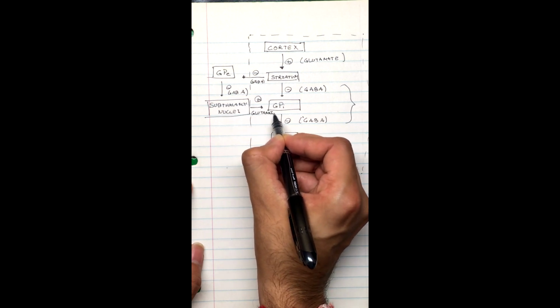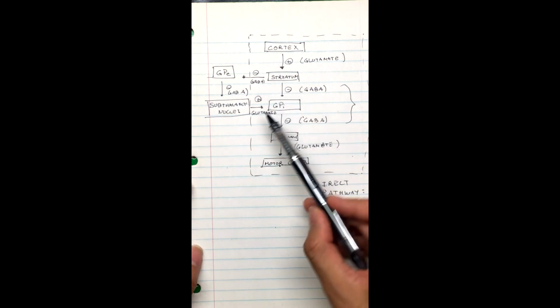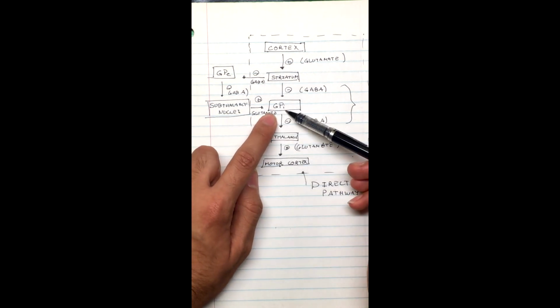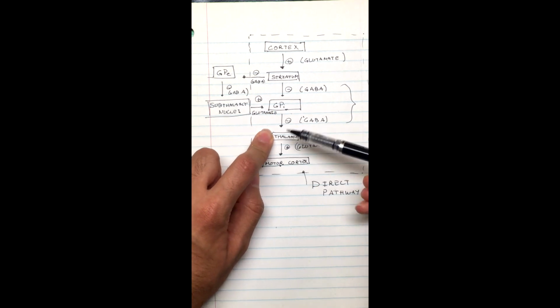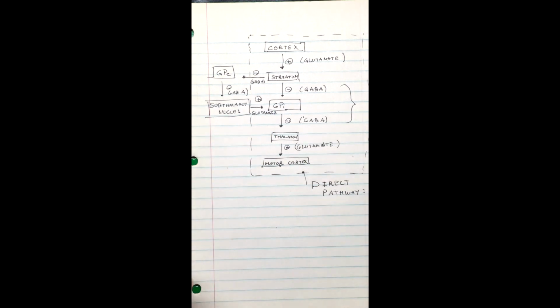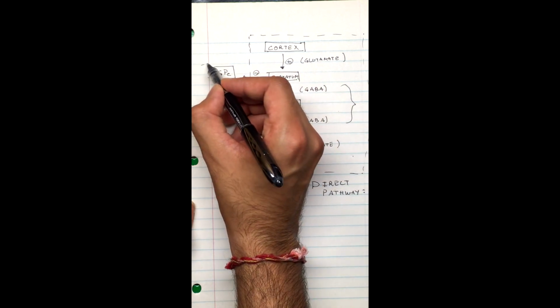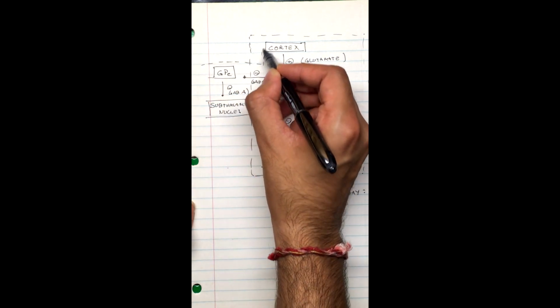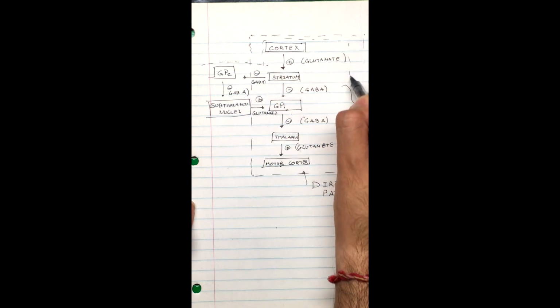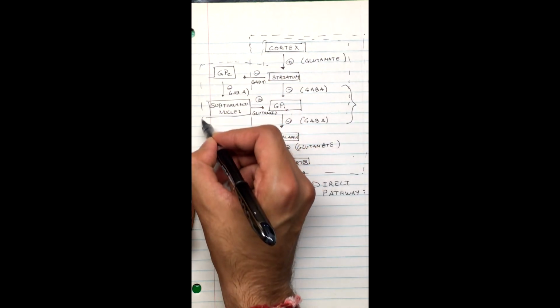Okay, and if we're exciting the internal segment, we know that it's inhibiting the thalamus. So if we're inhibiting the thalamus, we're ultimately going to be inhibiting the motor cortex. So this guy right here is really referred to as the indirect pathway.